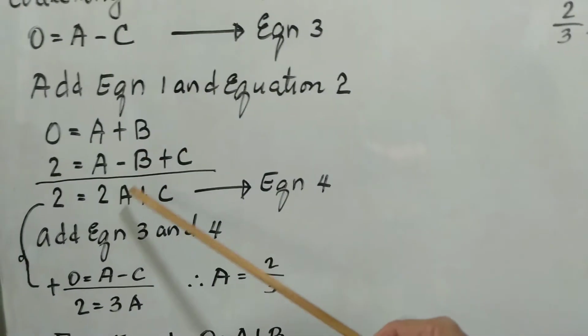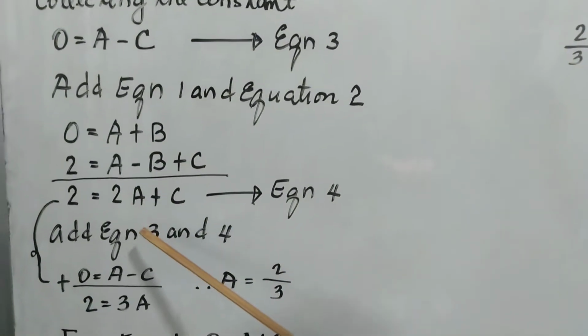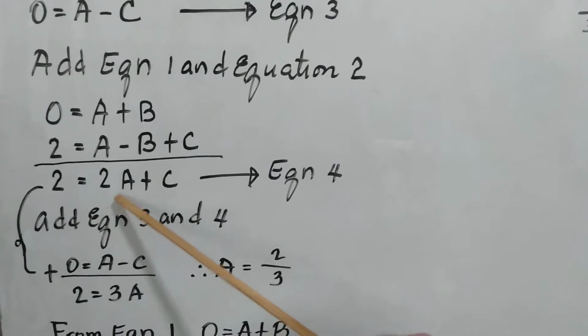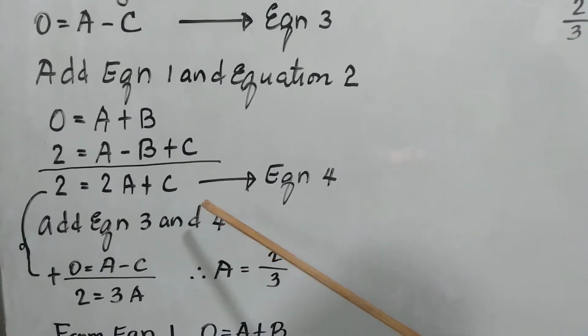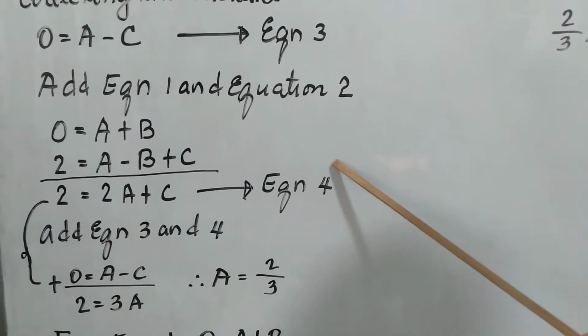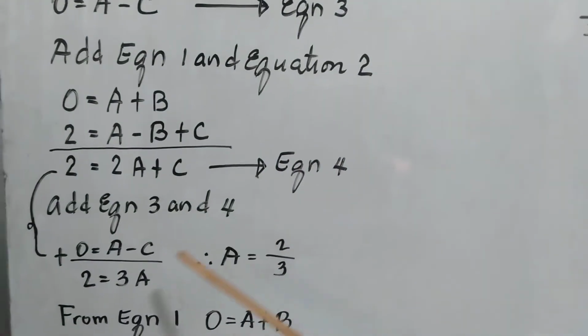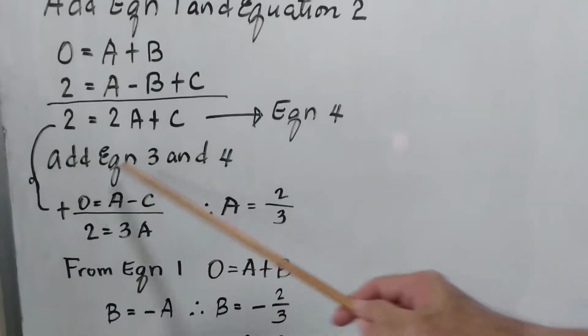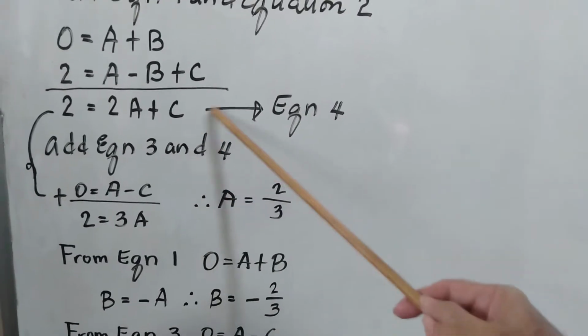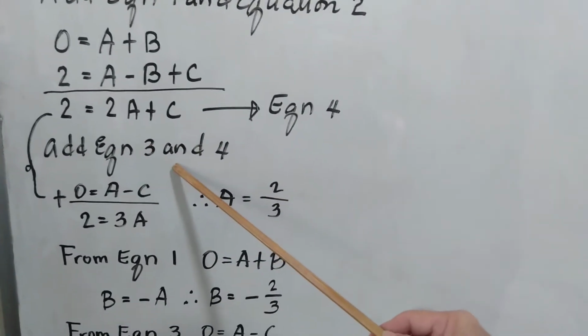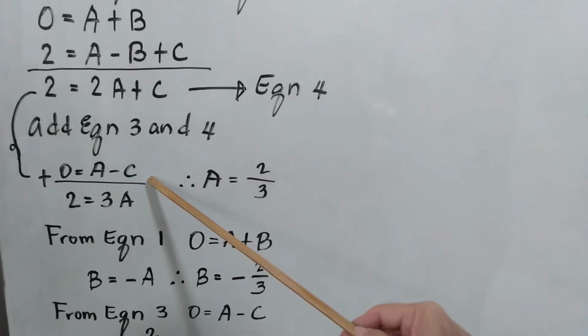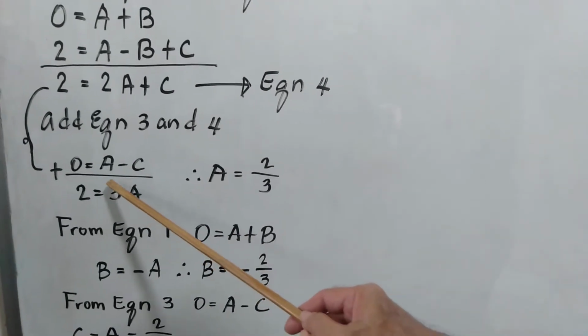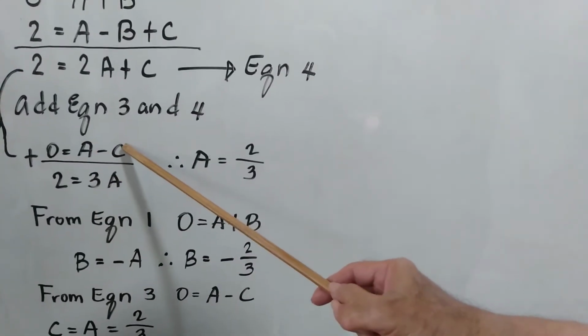This one cancels out, this is 0. So our equation 4 is 2 is equal to 2A plus C. Then we're going to add equation 4 and equation 3, which is 0 is equal to A minus C.